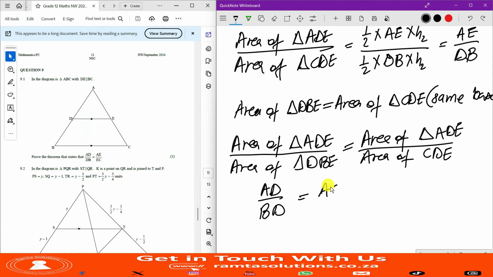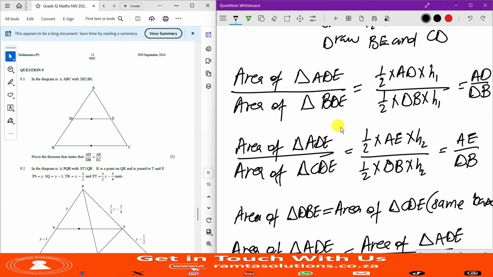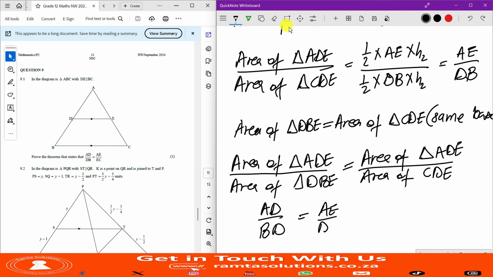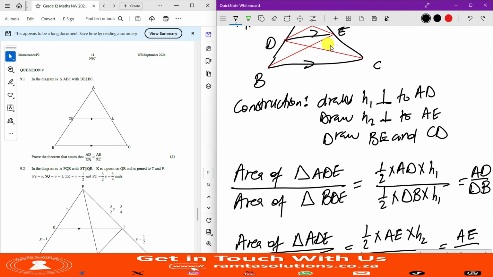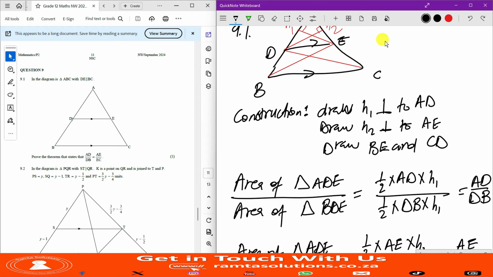It was AE over, hold on. What did I do? I'm supposed to say EC here. My mistake. This is supposed to be EC. Area of triangle CDE, it's supposed to be EC.